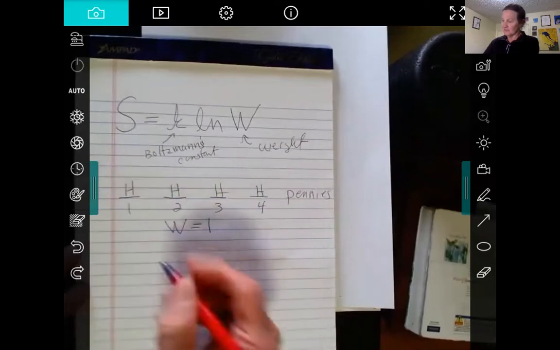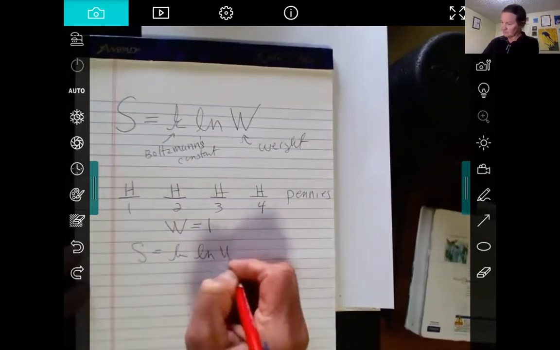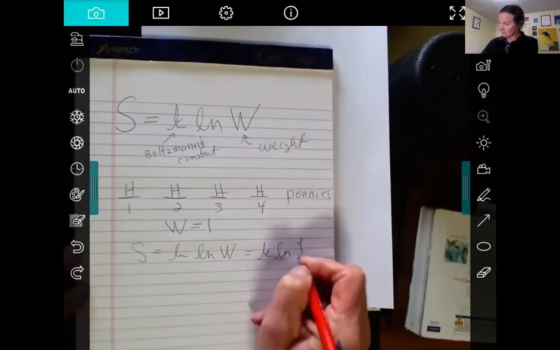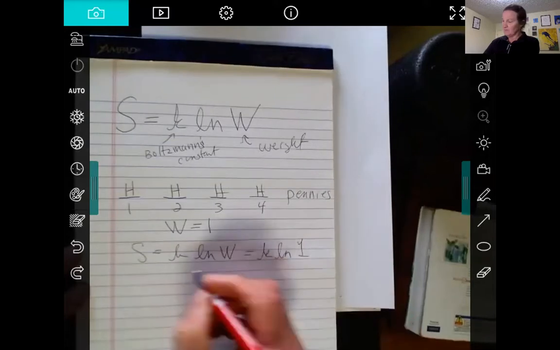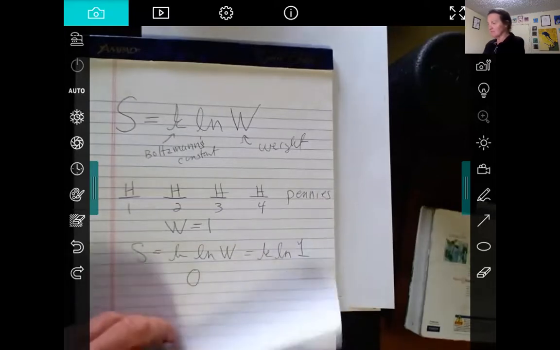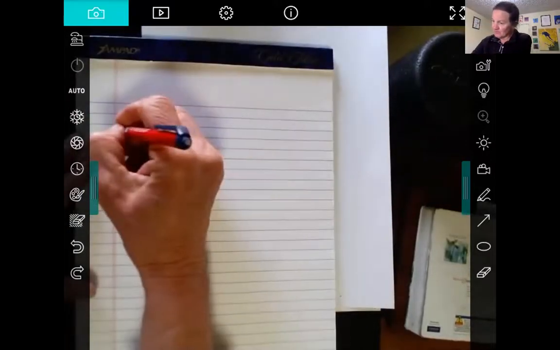Therefore, what's the entropy? Ln of 1 is 0. So the entropy of that is 0, which really is saying that however the system is organized, there's only one way to do that. Now let's just think about a more probable distribution. So let's think about having 4 pennies.